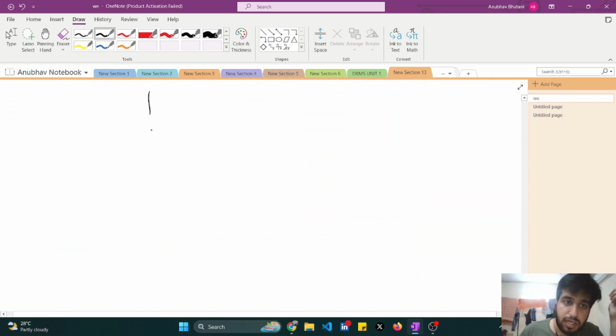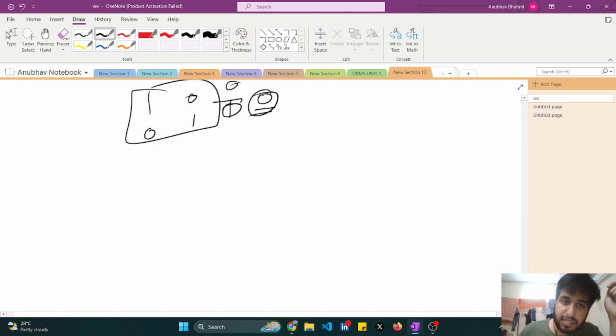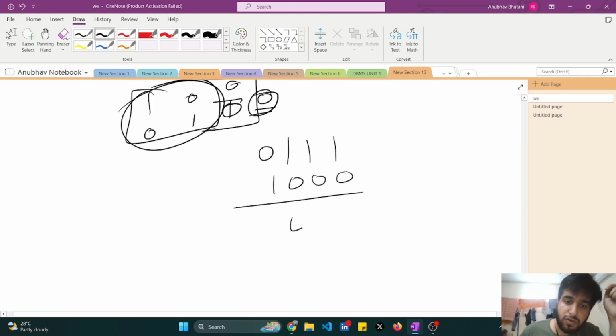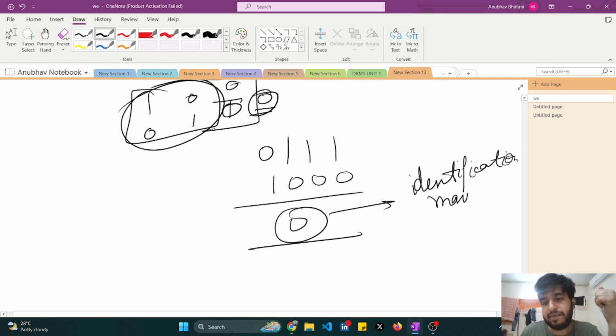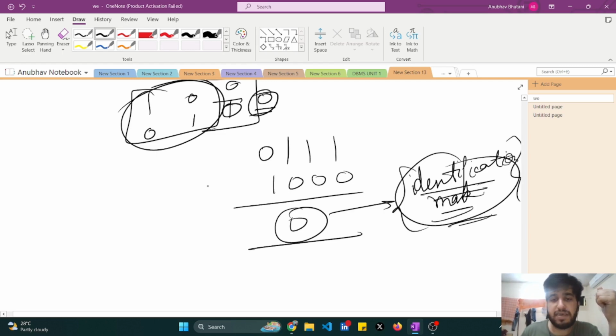As we just saw, 10 and 01 becomes 0, or 0100 becomes 0. So if I can make these numbers complementary like this, the overall number would be 0, and this can act as an identification mark.